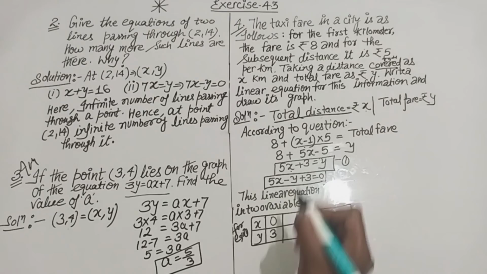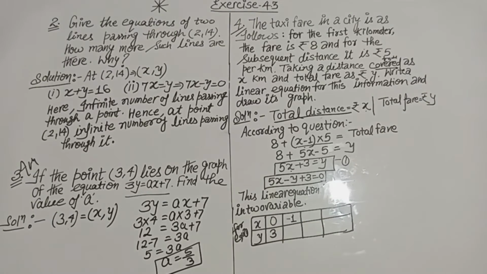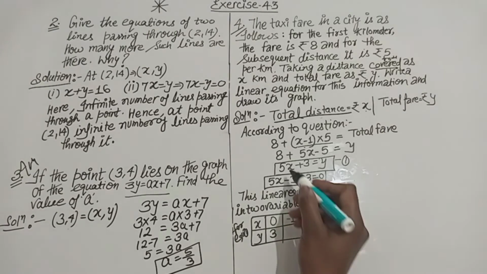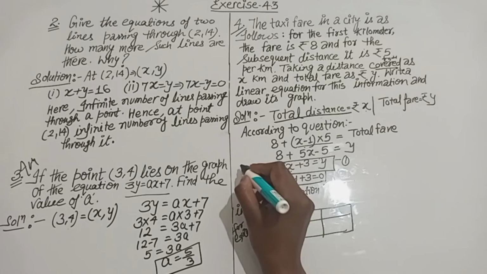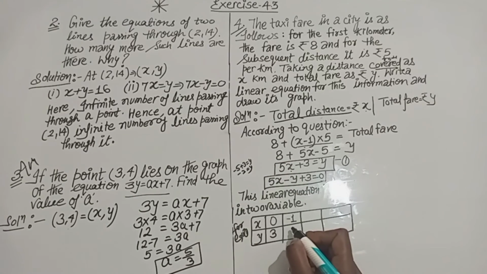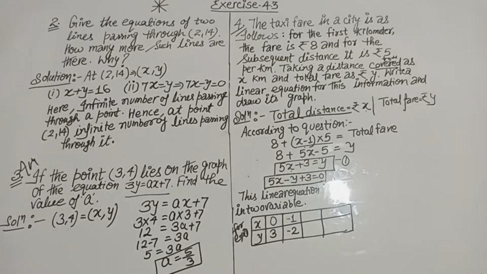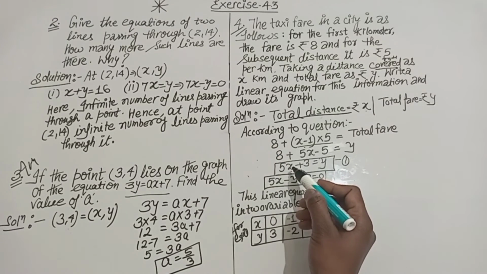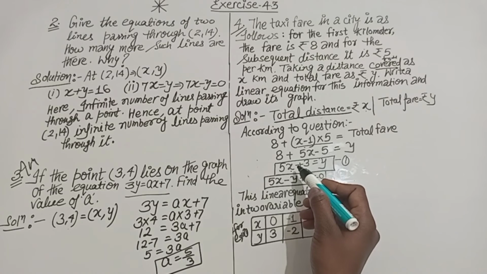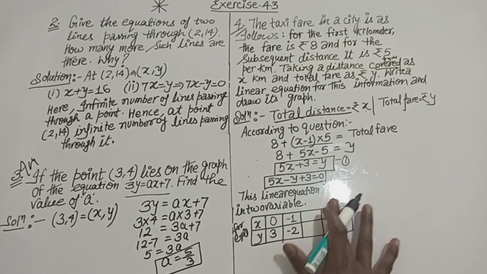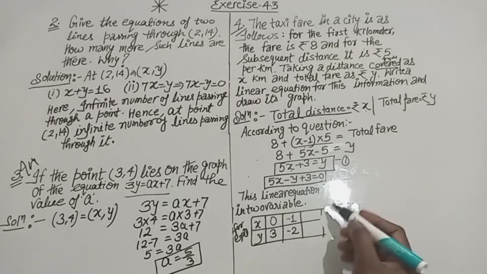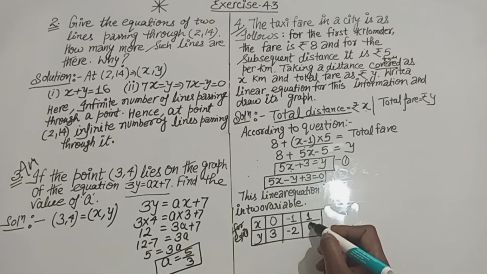When x is equal to minus 1, 5 into minus 1 is minus 5, plus 3 is equal to y, so y is minus 2. We need only 3 points, so we put x equal to 1: 5 ones are 5, plus 3 gives 8.